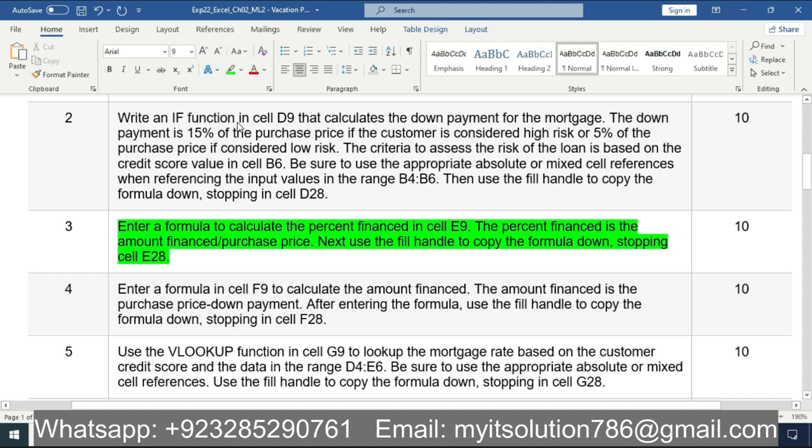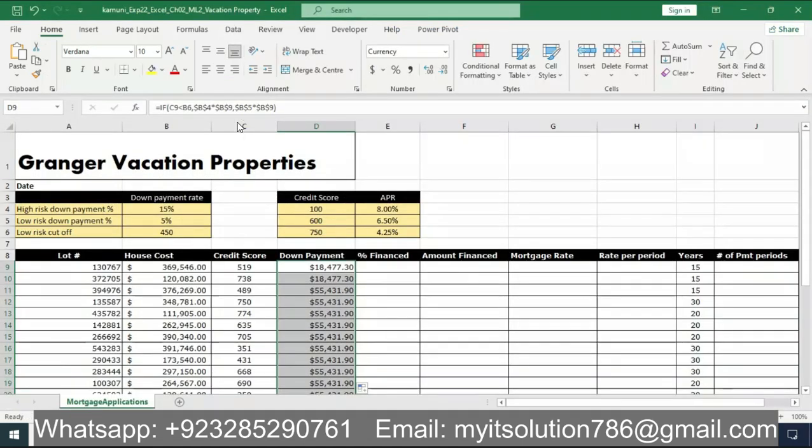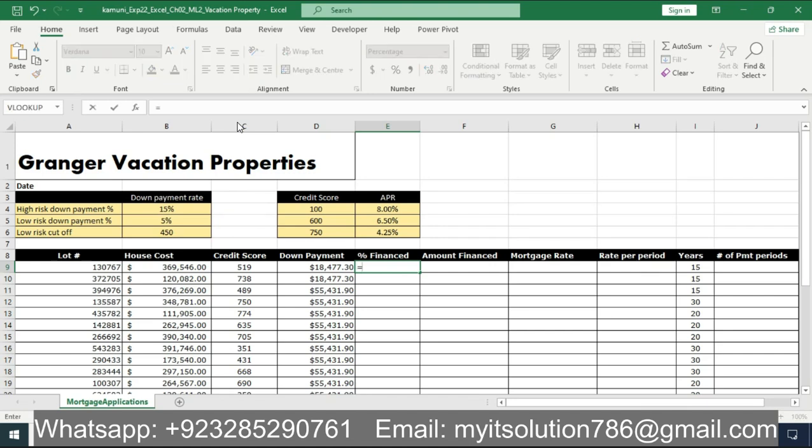So we go on our Excel worksheet and in E9 we enter is equal to B9 minus D9, and divided by B9.